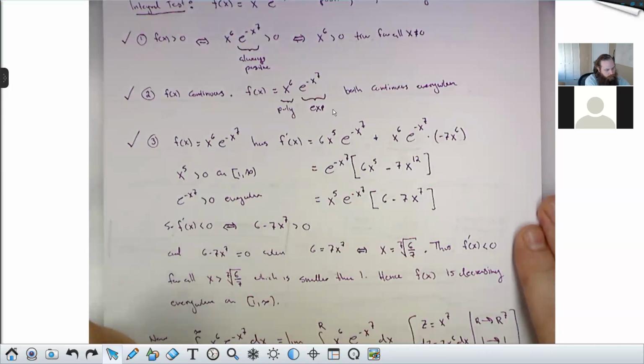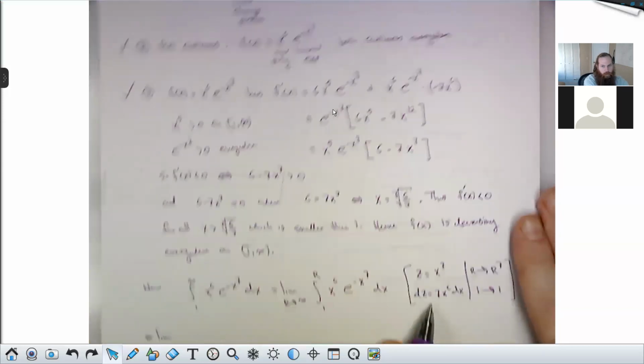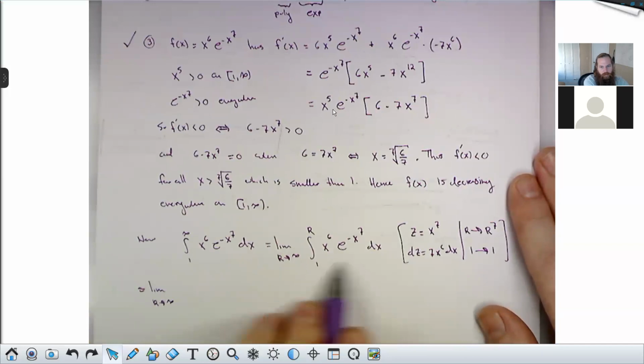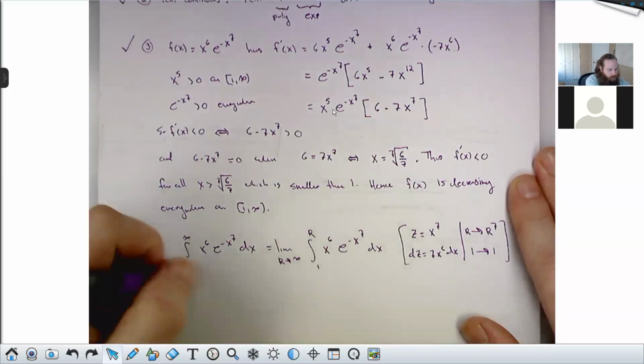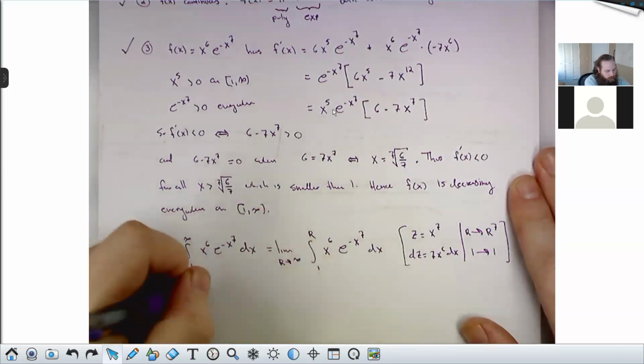And we get limit r to infinity. I'll have a 1/7 pop out from my differential, all right? Because I've got an x to the 6 dx here, and 7x to the 6 is dz. So 1/7 dz is the x to the 6 dx.